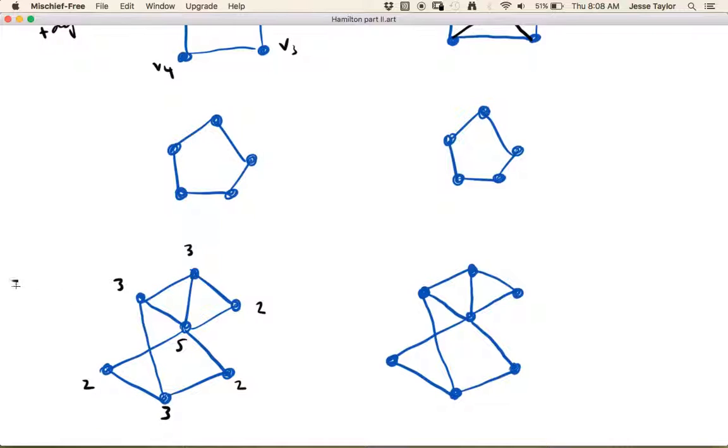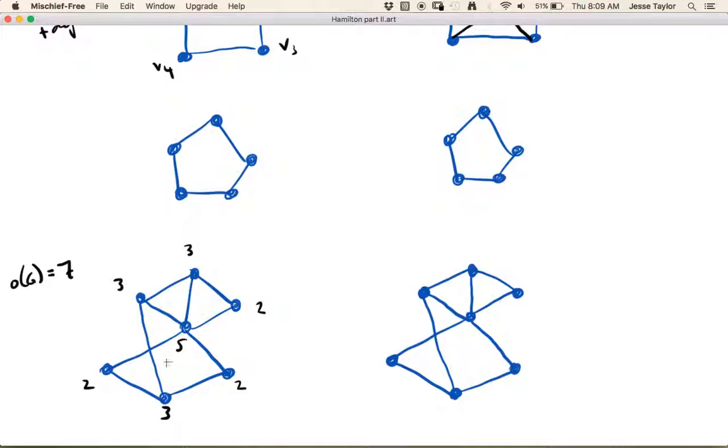And the order of G is 7. Right? 1, 2, 3, 4, 5, 6, 7 vertices. So if there are any vertices that are not adjacent to one another, and their degree sums add to be at least 7, you should add that edge.